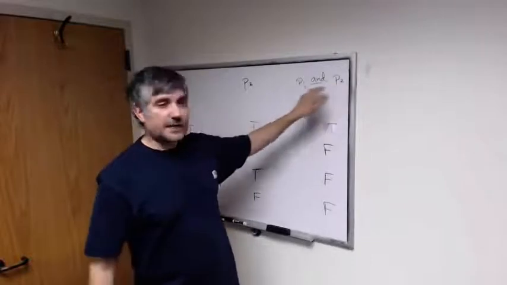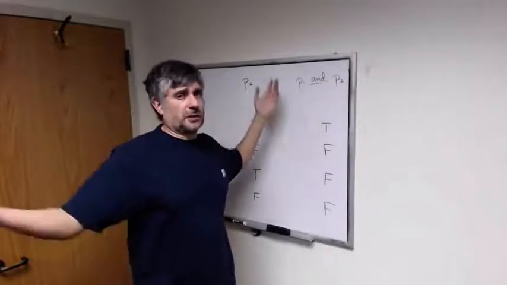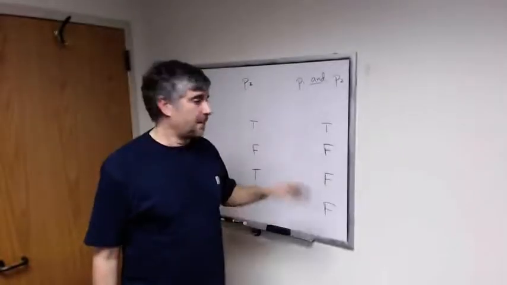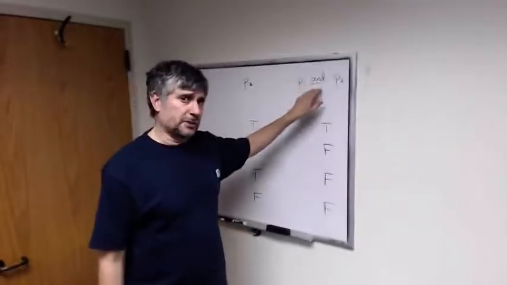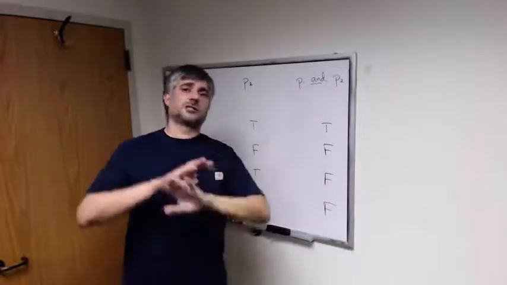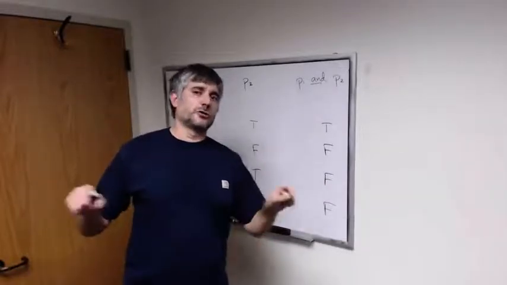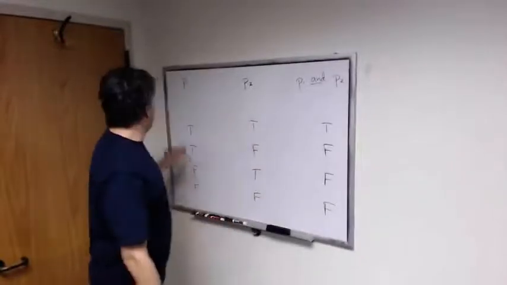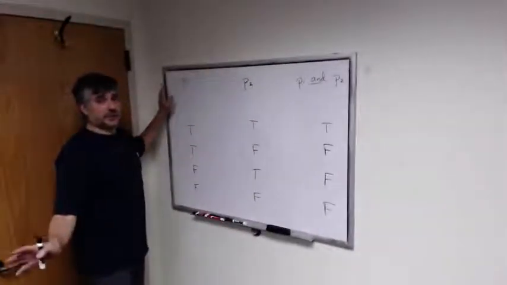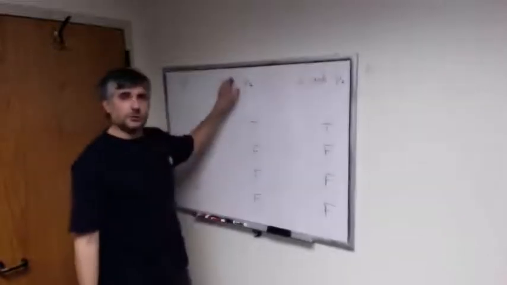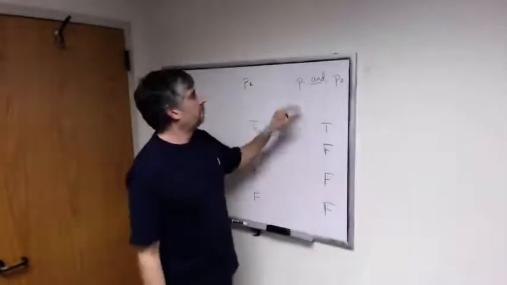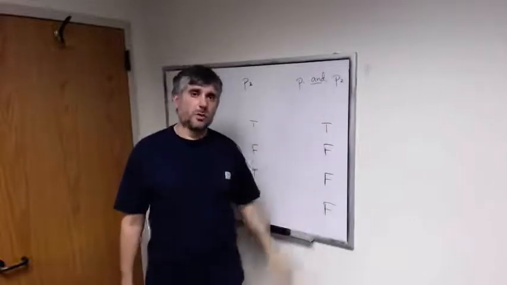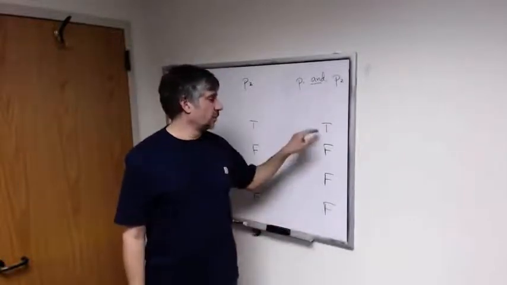And whatever exactly that is going to depend, of course, on what P1 is and what P2 is. But whether this third proposition is true or false is only going to depend on the truth or falsehood of P1 and of P2. When P1, whatever exactly that is, is true, and P2 is true, then the proposition P1 and P2 is going to be true.